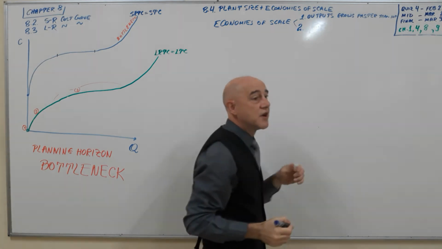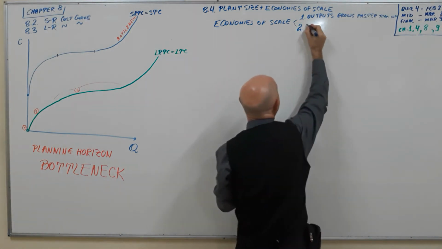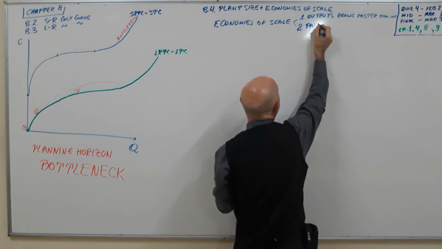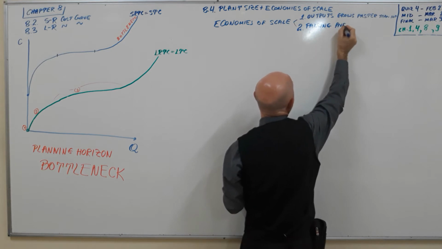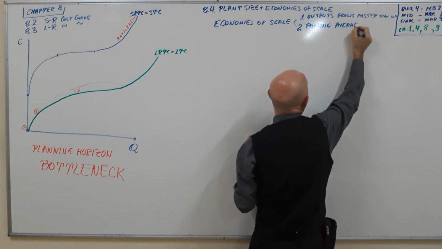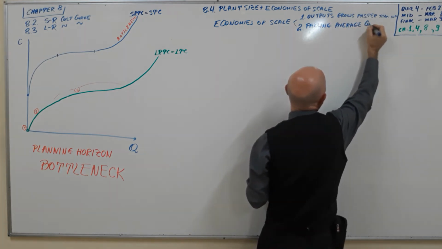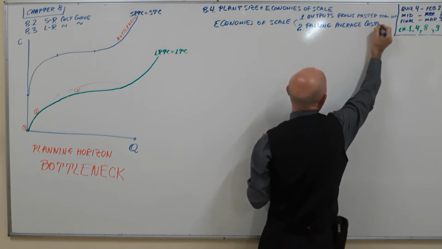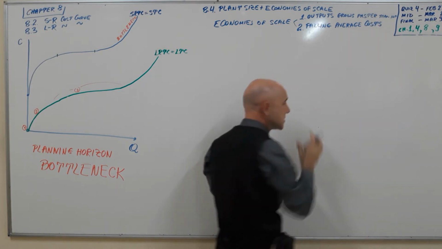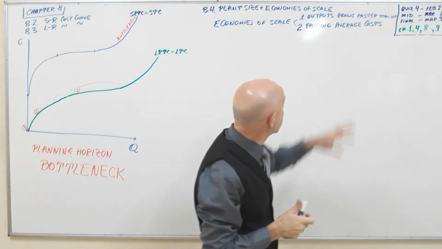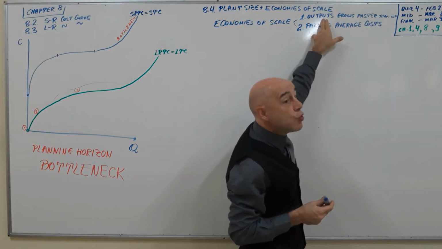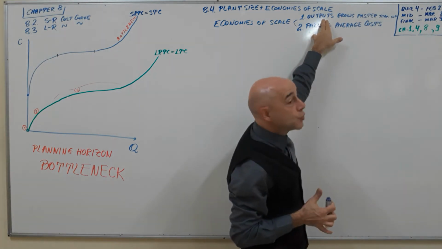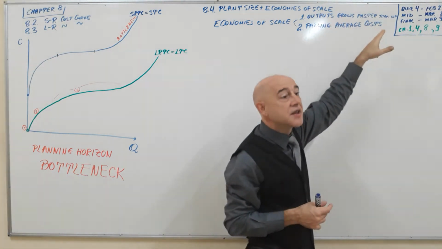It follows from the first one. Falling average cost is equivalent to output growing faster than inputs.